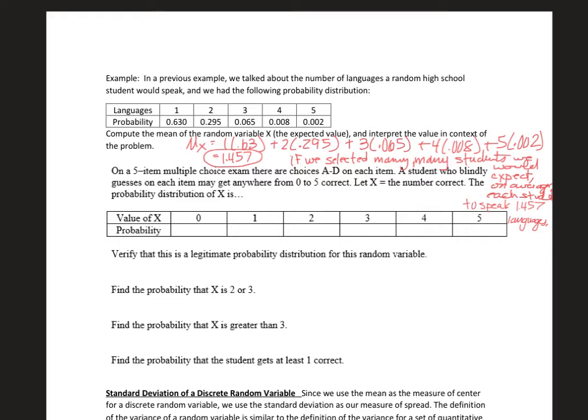All right, so let's look at one more, kind of get the probabilities associated with it, and we'll stop after this one to get to standard deviation on Thursday. So let's imagine we have a multiple choice test. And we talked about this back in the last chapter, about what's the probability of guessing correctly on all of the ACT math section.